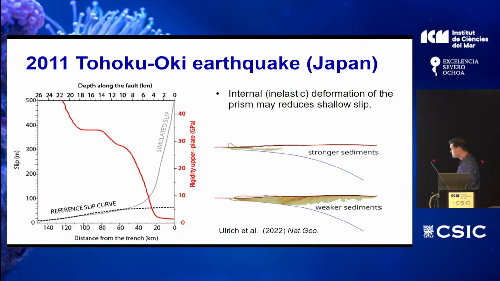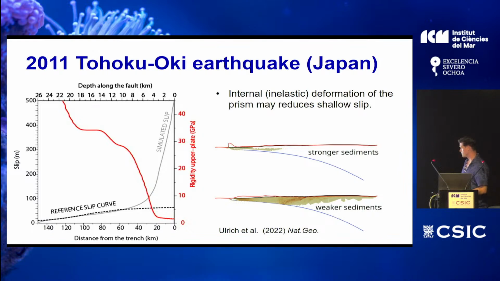But if we consider a weaker material, so a more realistic structure of the upper plate, what we see is that the slip is not focalized in the shallow-most part, but is actually distributed, and the uplift is widespread all over the upper plate, mimicking a more realistic deformation pattern.